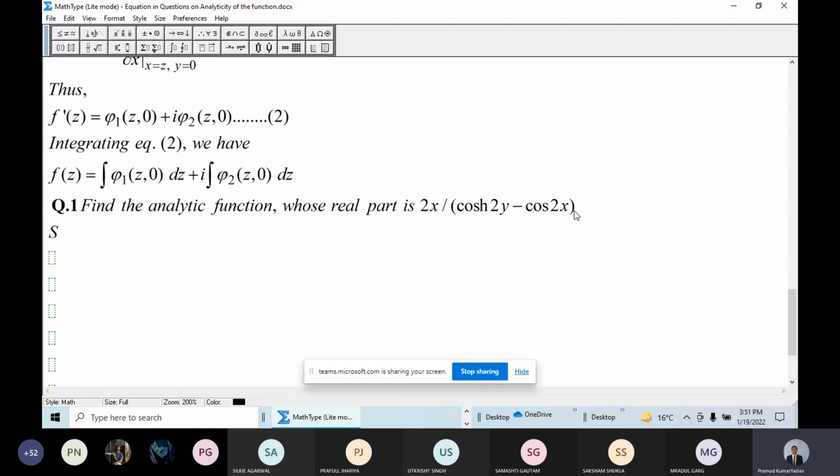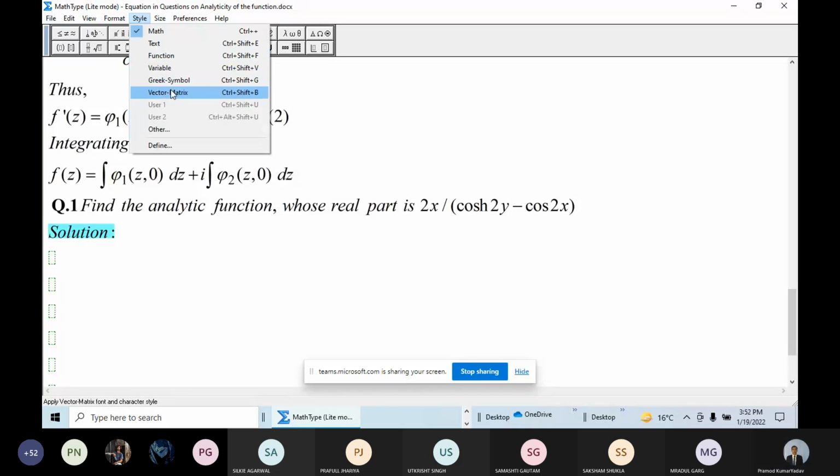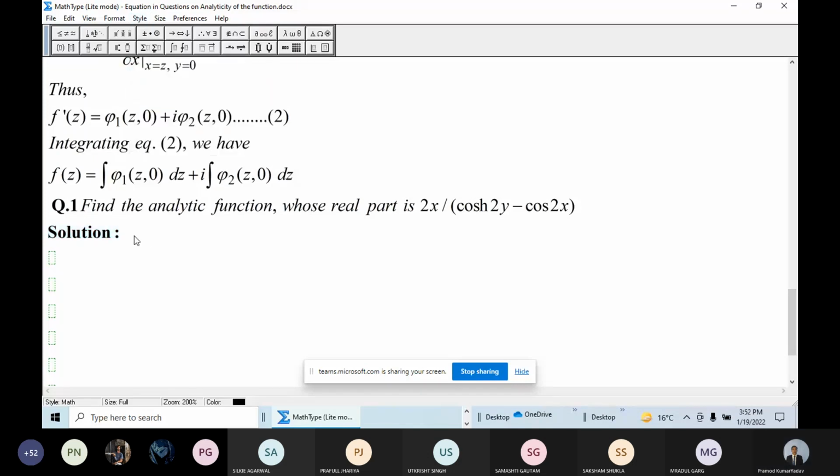So in solution, what is given? Real part is given.